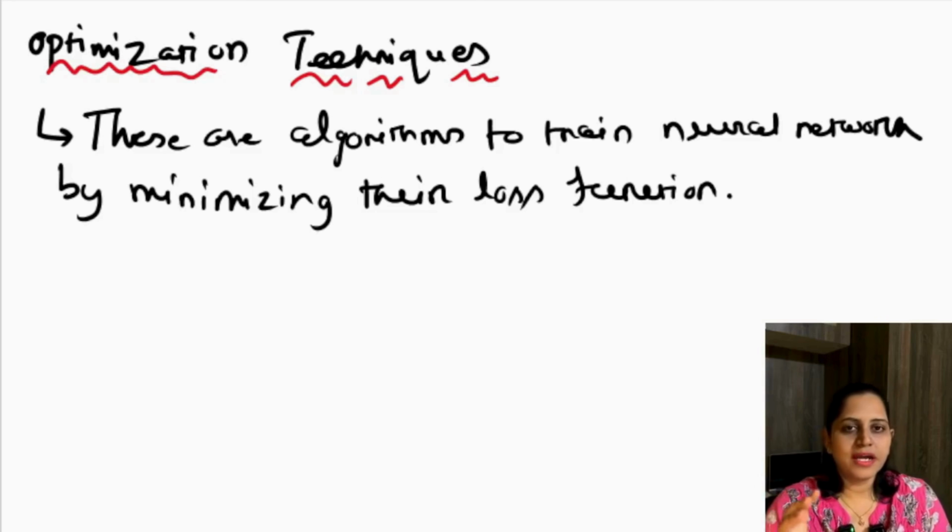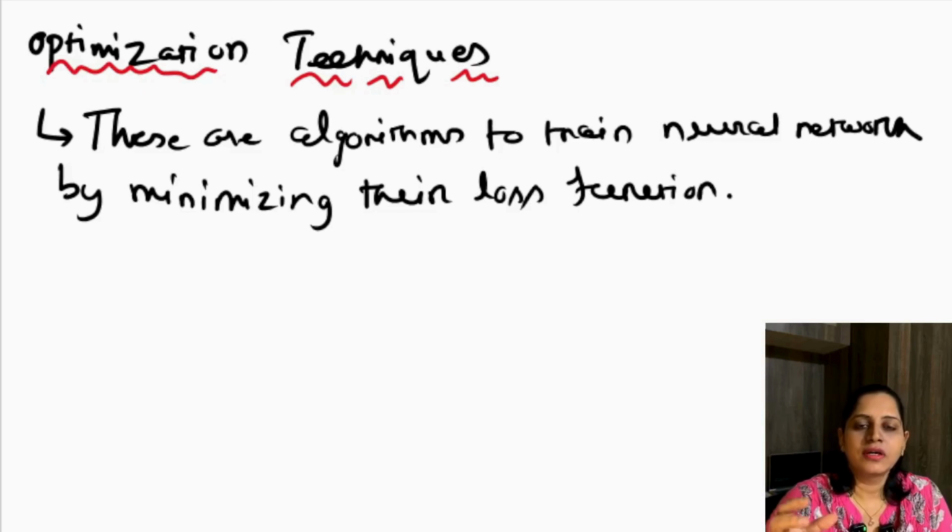Whether we have higher weights or lower weights, that needs to be controlled based on the amount of error which needs to be reduced. That is handled by your optimization techniques, and it is handled through back propagation, because back propagation is the way with which you are handling weights, right?